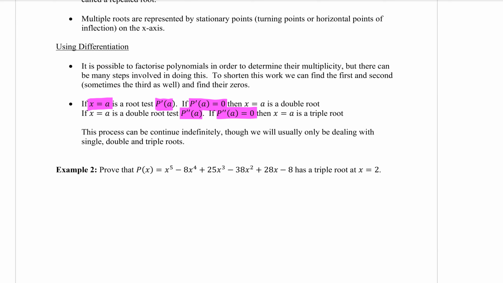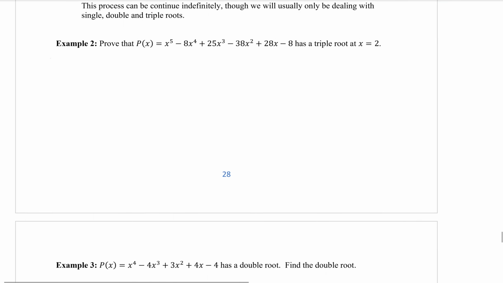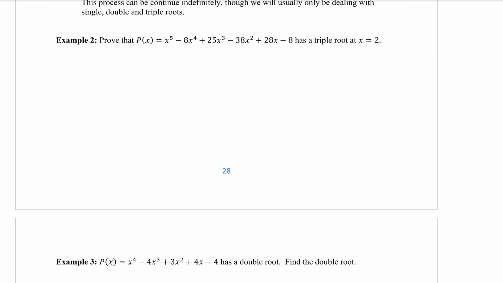So example 2 says to prove that p(x) equals x to the power of 5 minus 8x to the power of 4, very long polynomial there, has a triple root at x equals 2. So first of all, we're going to do this process gradually. Normally, if we want to test if something was a root, we would just sub in p(2) into that polynomial. So 2 to the power of 5 minus 8, 2 to the power of 4, plus 25, 2 to the power of 3, minus 38, 2 squared, plus 28 times 2, minus 8.